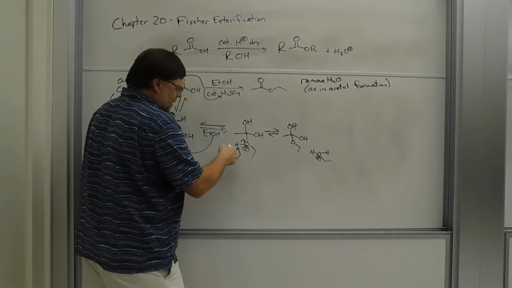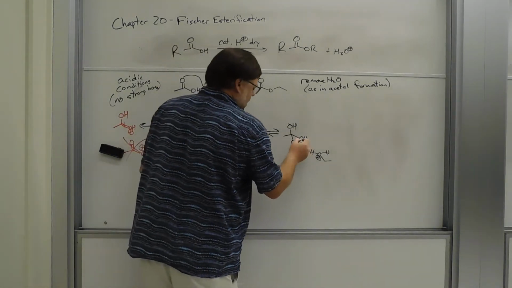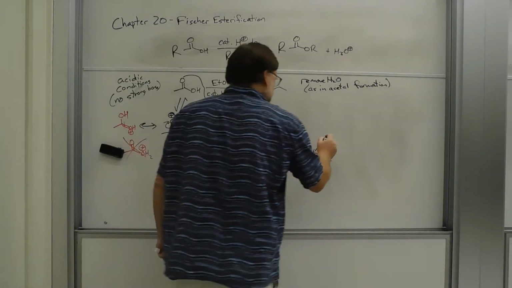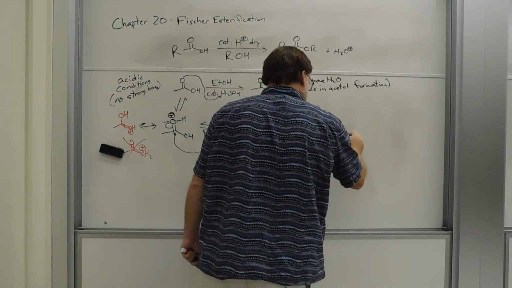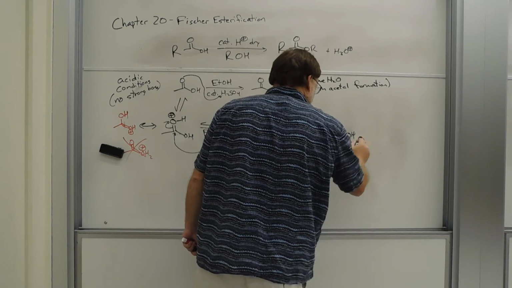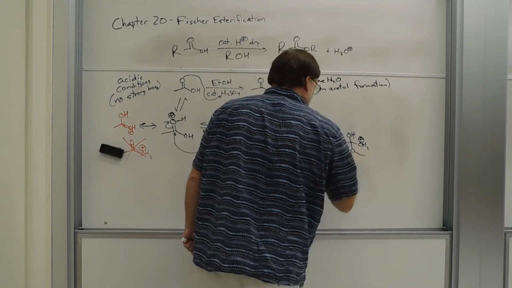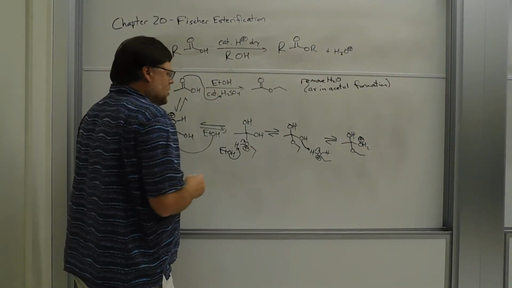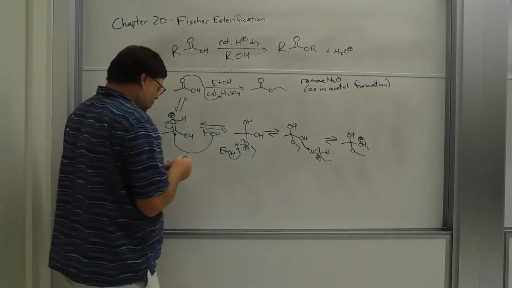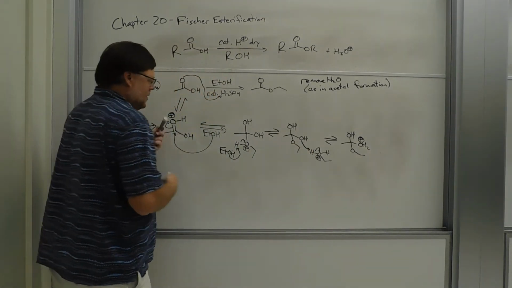So ethanol will take this acidic proton, and then the OH can take the acidic proton, leaving group, that's cool. So why did I do that? Why did I have something take this proton and then give it right back? Why not just do this?